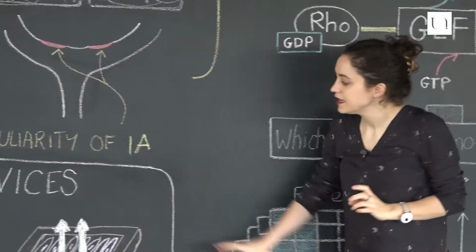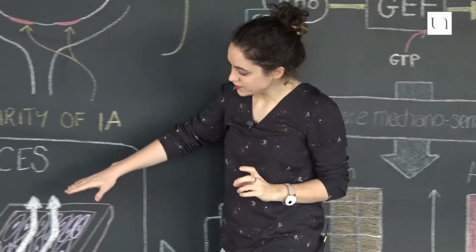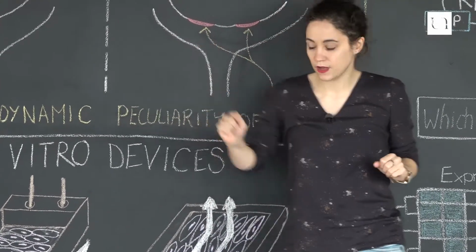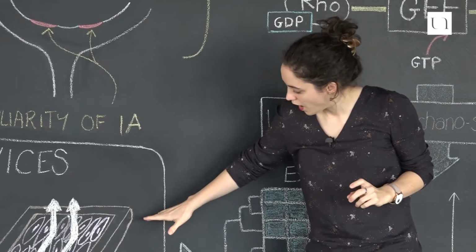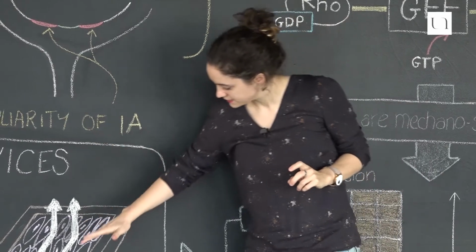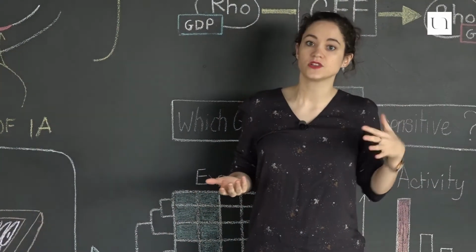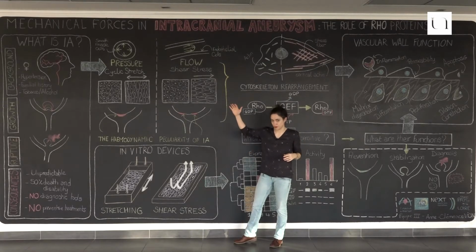So I'm using in vitro devices, one to stretch the cells at the physiological or pathological level, and one to perfuse the cells with liquids to generate shear stress, also at the physiological or pathological level.